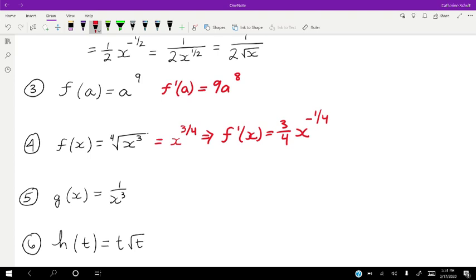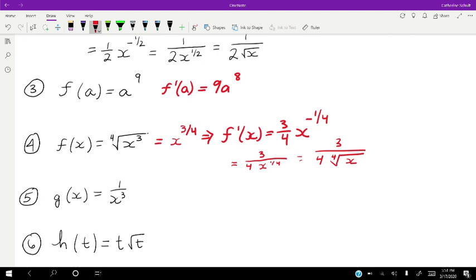You can leave it like that. You can also try to get rid of the negative exponent. So 3 stays on the top, 4 goes downstairs, and then we have x to the 1/4, now with a positive exponent. And then you can even take it a step further, and you can write x to the 1/4 in the root notation. So like that. All right.